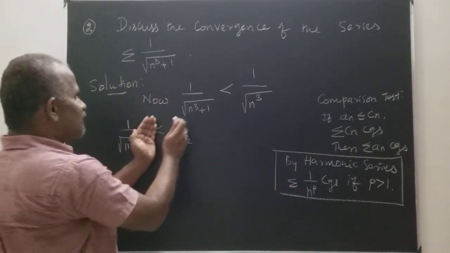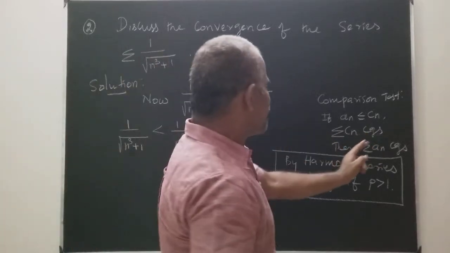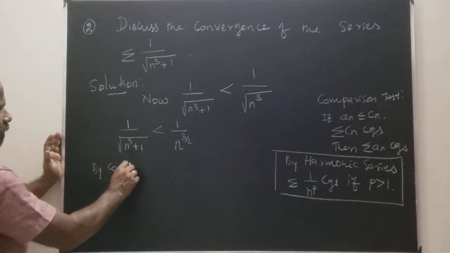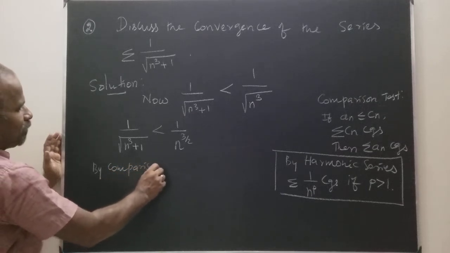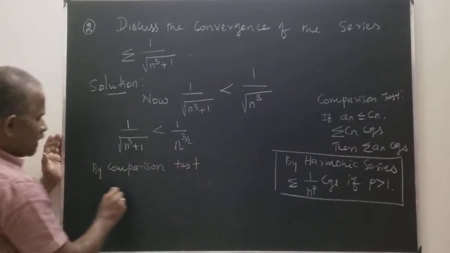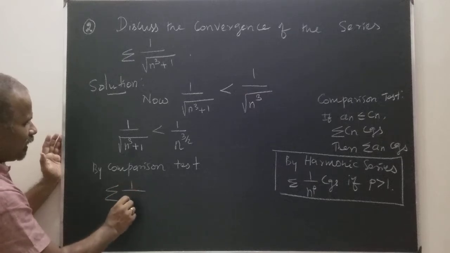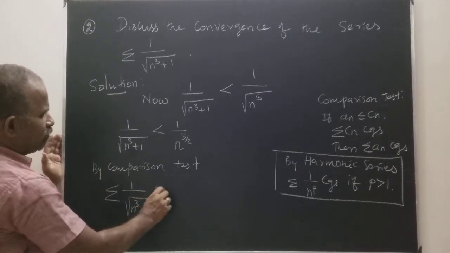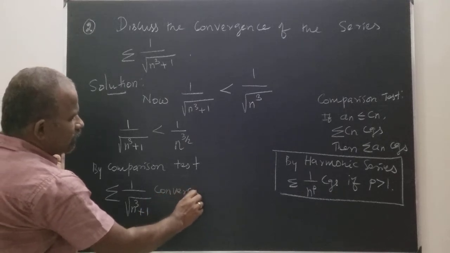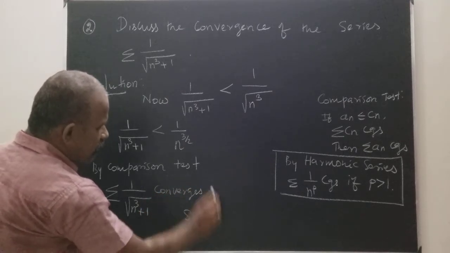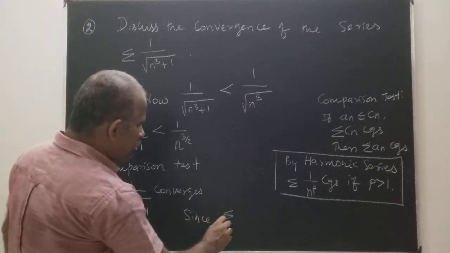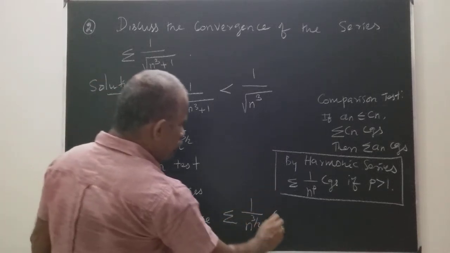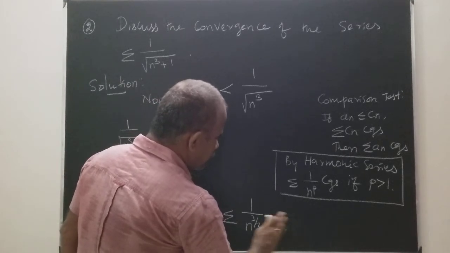This an is less than cn, and sigma cn converges, so by the comparison test, sigma 1 by square root of n cube plus 1 converges, since sigma 1 by n power 3 by 2 converges.